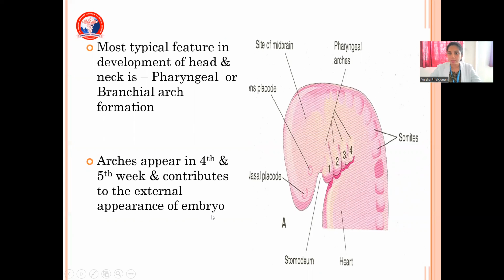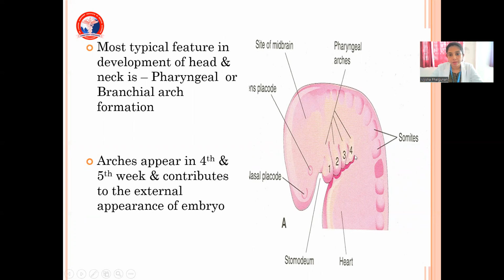So as the embryo is developing, during the 4th and 5th week, what happens? At the place where the neck has to be formed, between the brain bulge and the pericardial bulge, just beneath your stomatodeum, there will be a series of arches. See here in this diagram, you can see so many arches developing at the future neck region, that is between the head end and the pericardial end.